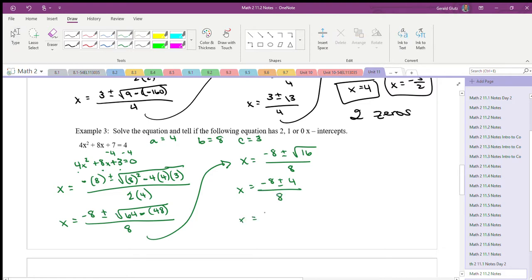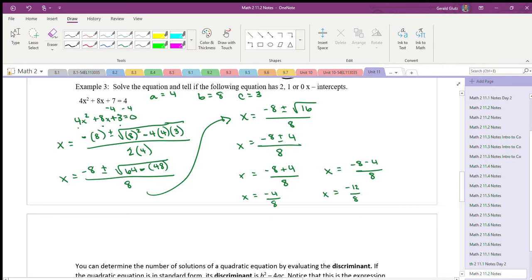So now I'm left with negative 8 plus 4 divided by 8, and x equals negative 8 minus 4 over 8. Negative 8 plus 4 is negative 4. Negative 8 minus 4 is negative 12. Sorry if you're running out of room, you can just do it over here.